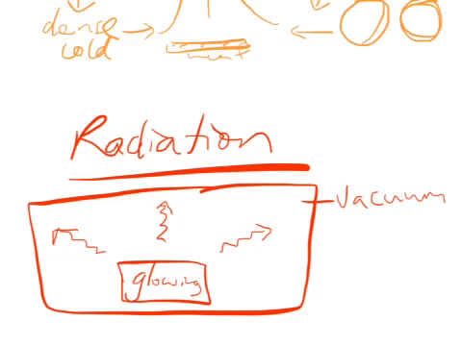Because there's no air inside, it means you can't have conduction, because there's nothing touching this glowing hot object. And you can't have convection because there's no air to expand and increase the kinetic energy and then rise and move around. But this will cool down over time in the same way that stars will cool down over time.